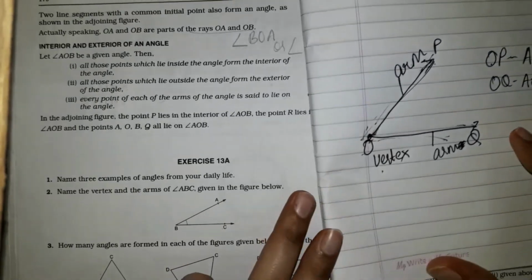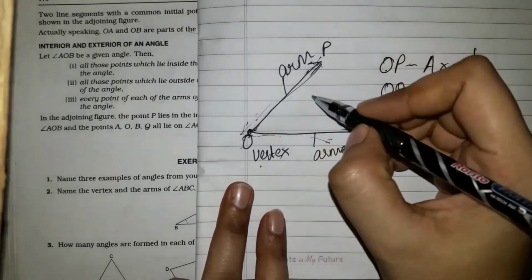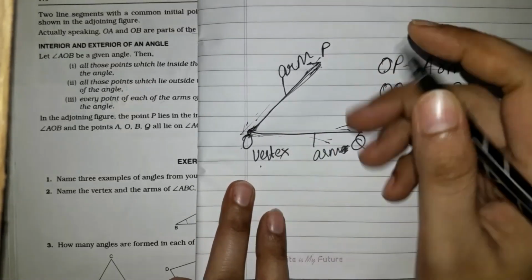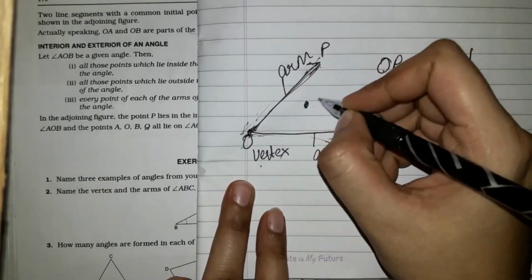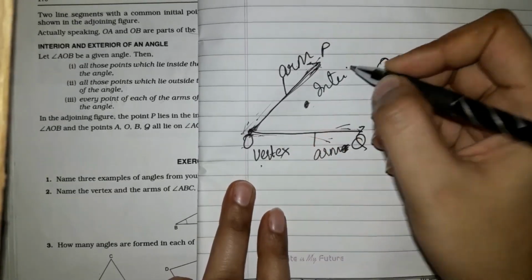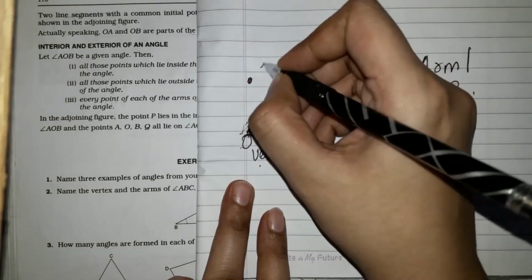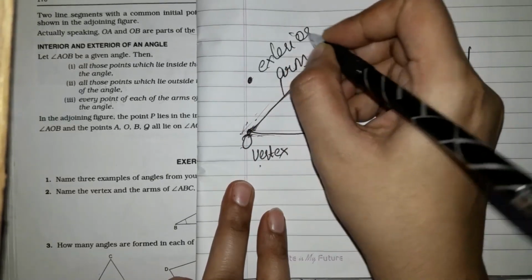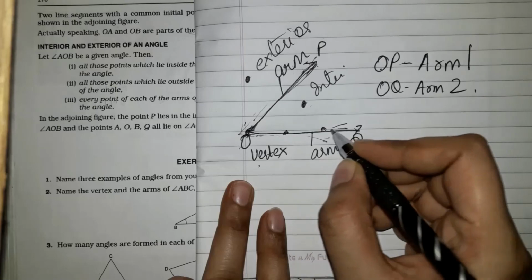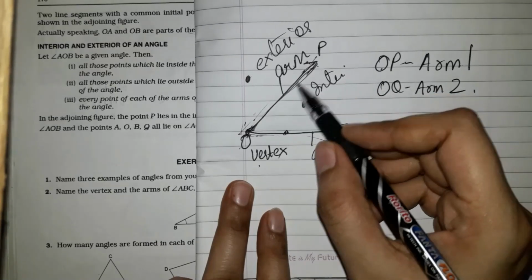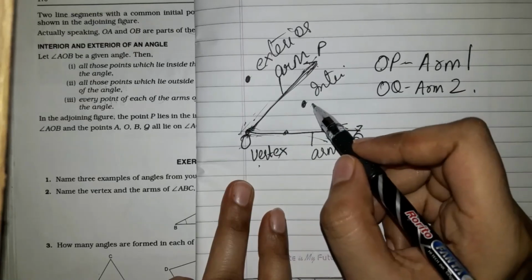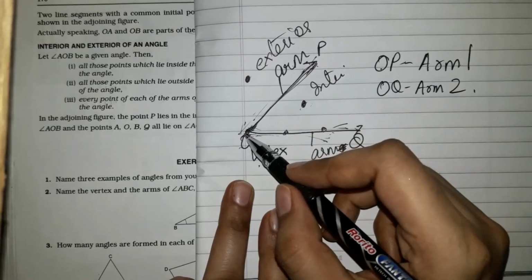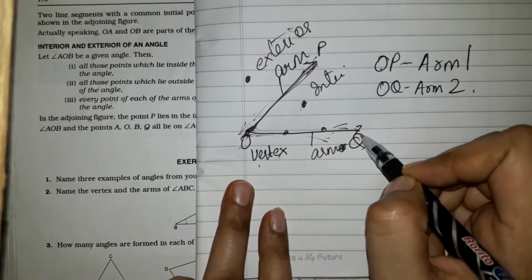Now let's see what is interior and exterior. Can you see these two lines? They are closing off this much space. Whatever is inside will be called interior, and whatever is outside will be called exterior. And whatever is on the lines, we will say the points are on the angle. If the points are inside, we will say it is in the interior of angle POQ.